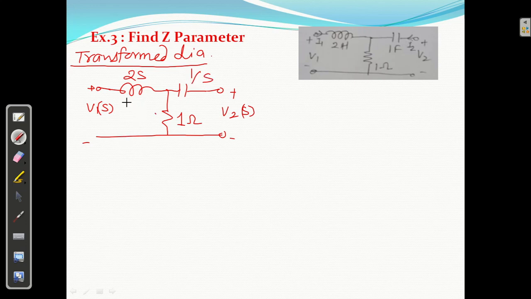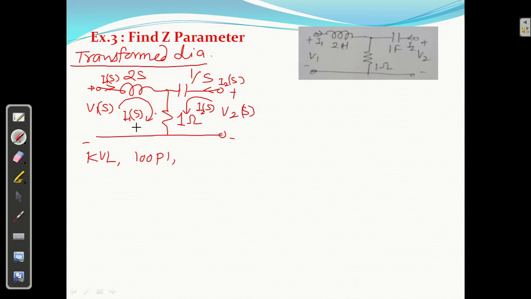Now both currents will be incoming currents, I1 of S and the second current is I2 of S incoming. So take the clockwise direction here, I1 of S, and this is also incoming, so I2 of S. Now write the KVL, loop 1. What will come in loop 1?